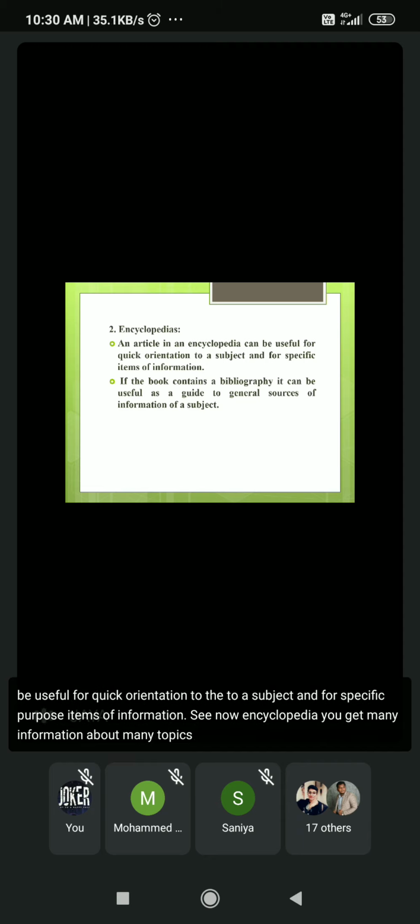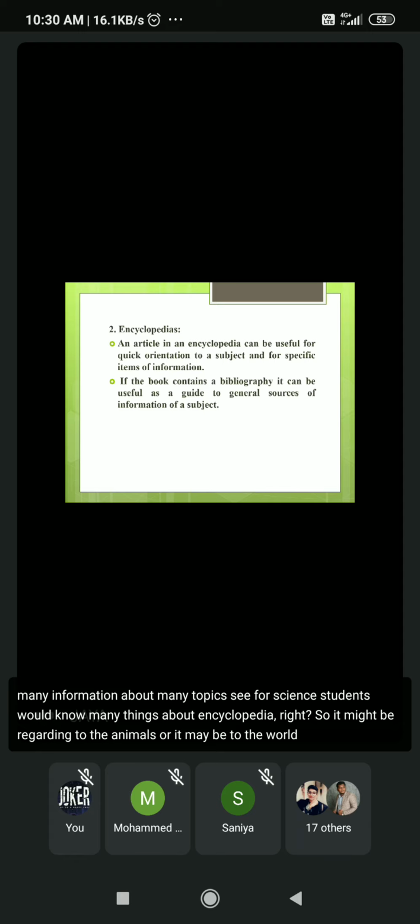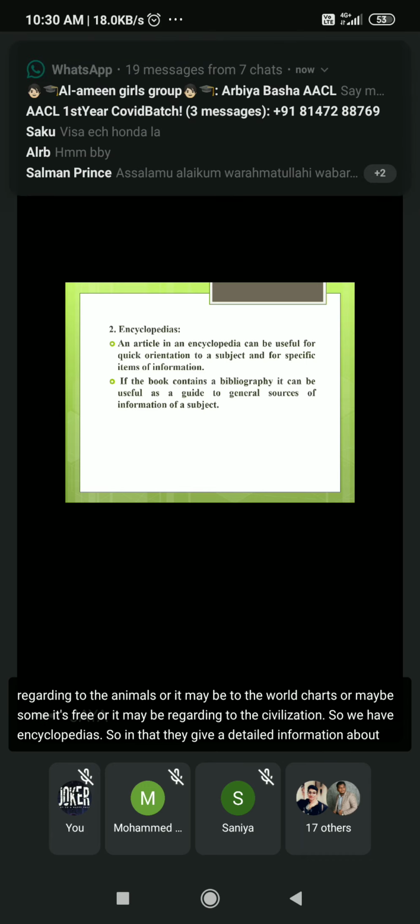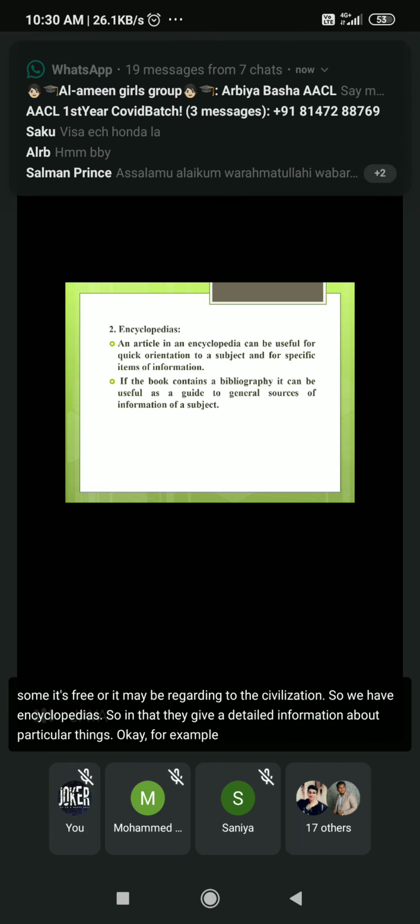It might be regarding animals, world charts, some history, or civilization. So in encyclopedias they give detailed information about particular things. For example, mammals. Let us talk about mammals.